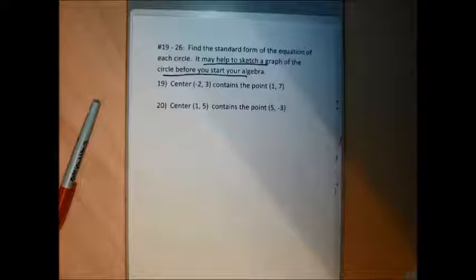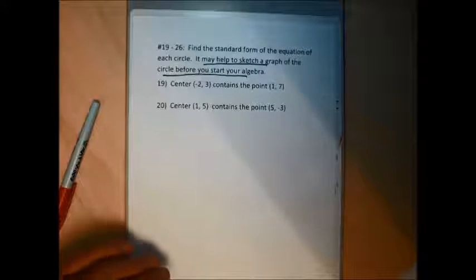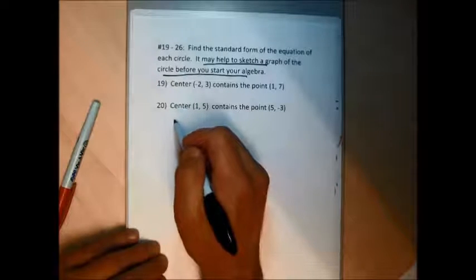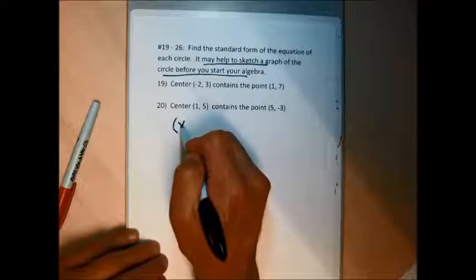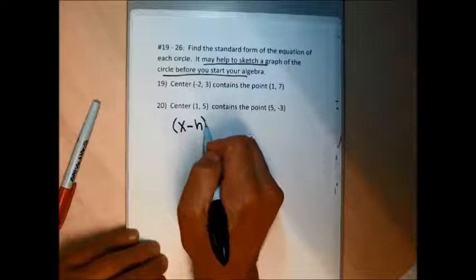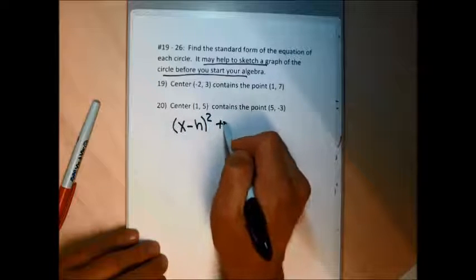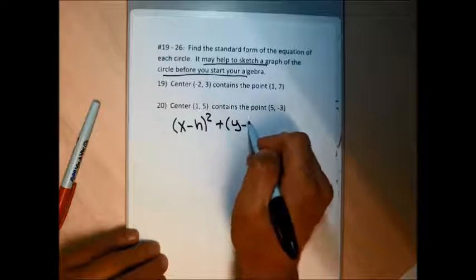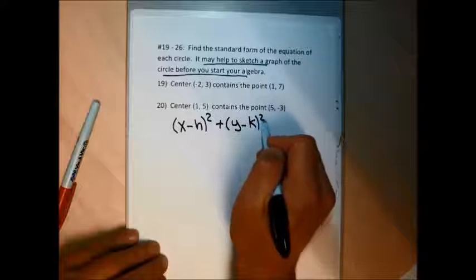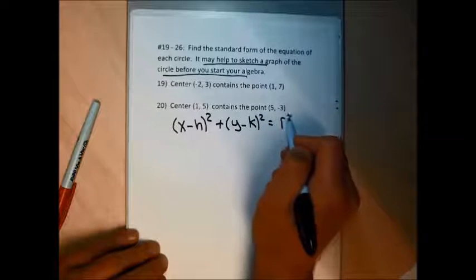So when I go to do problem 20, I want to write the standard form of a circle, and the standard form of the circle, again, is x minus h squared plus y minus k squared equals r squared.